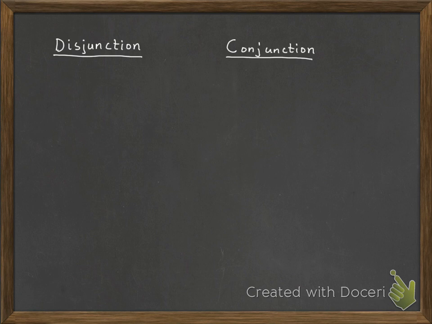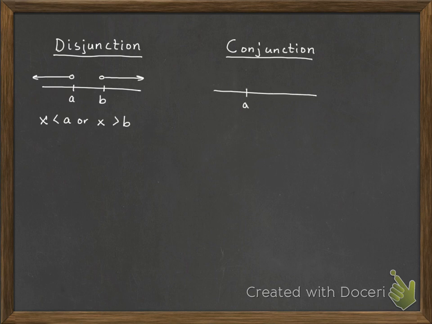So, a disjunction, if on a number line we have, I'm just going to say these are letters A and B. That disjunction would be x is less than A or x is greater than B. If that was the case, and we had that same graph on a conjunction, we would have no solution, because a conjunction is what is being shared, which is nothing.